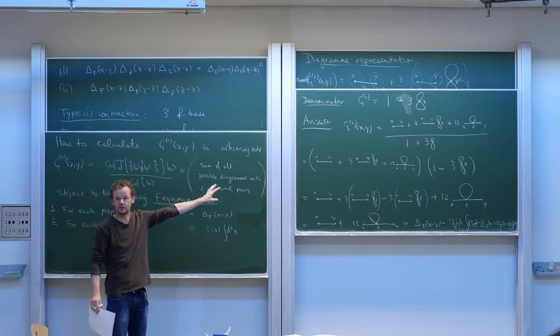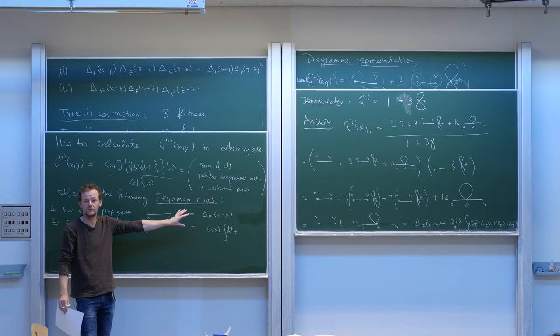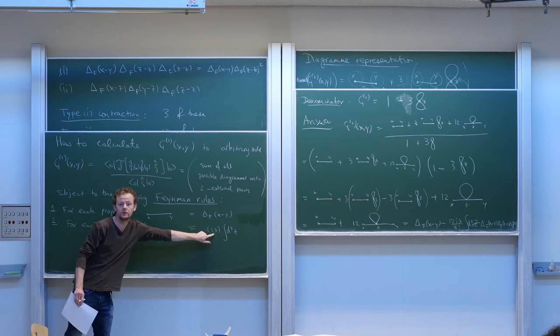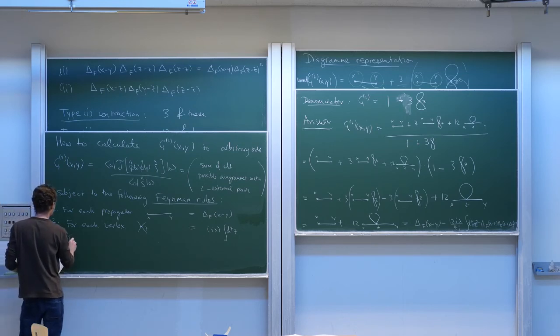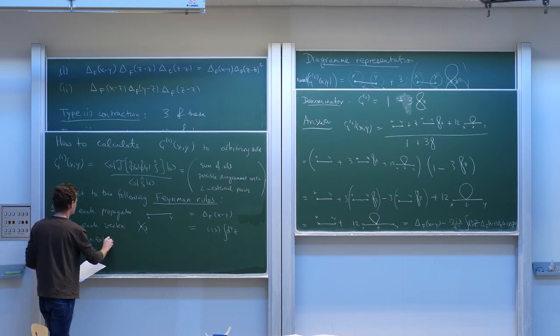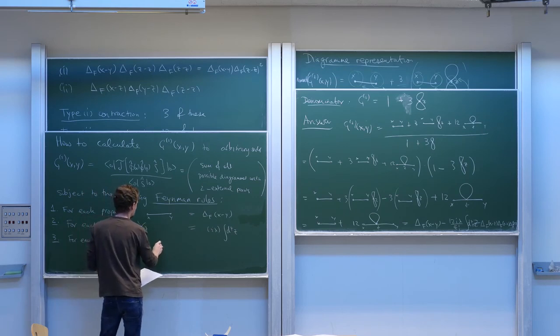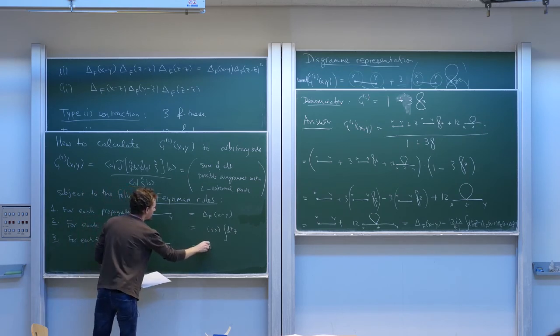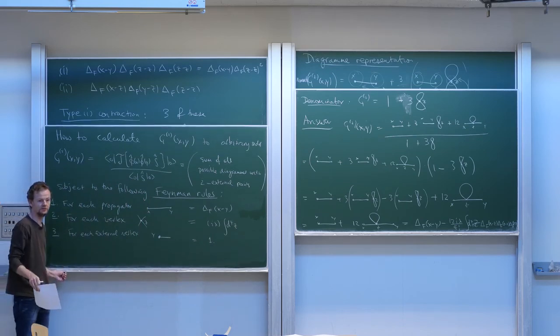So these are the canonical rules. What I wrote down before was just an observation. Notice there's no 4 factorial here. For each external vertex, we do not integrate. We just associate the number 1.